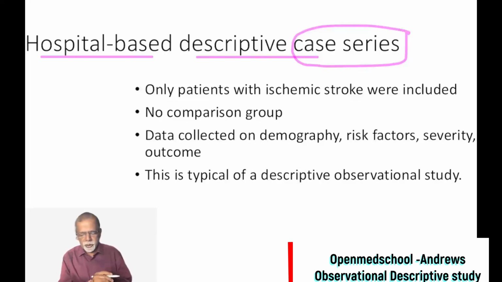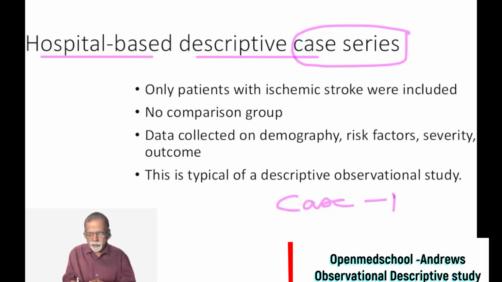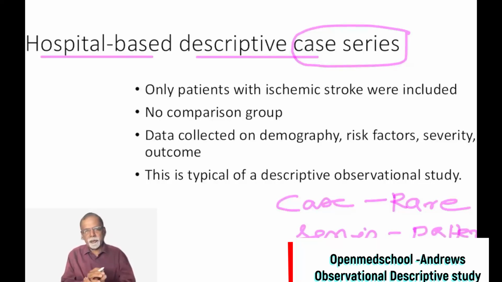So now comes the question, in case series, how many cases are there? In case report, one rare case is reported. So the case reports are for the rare cases, whereas the case series are for patterns of a particular type of cases. So hope this point is clear.